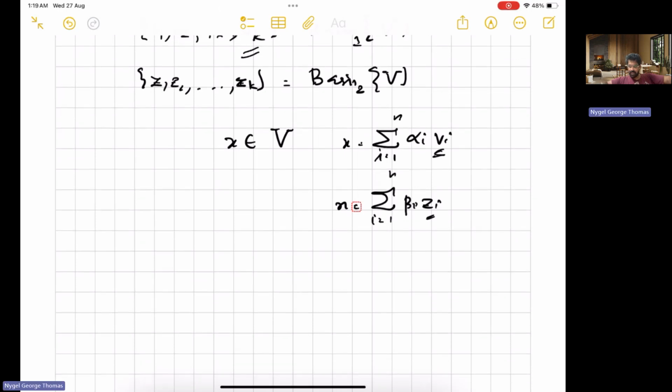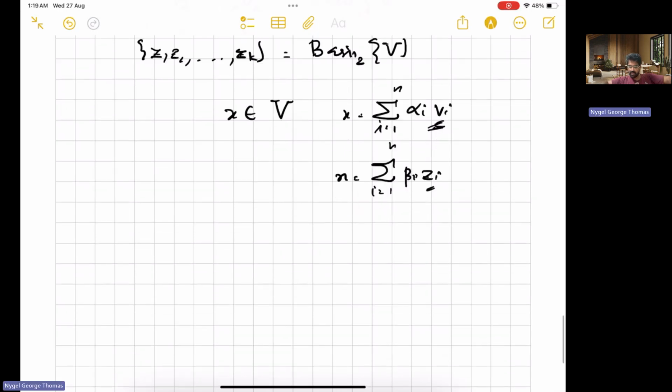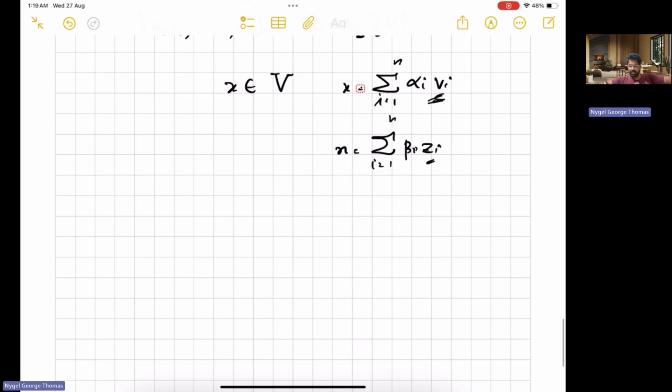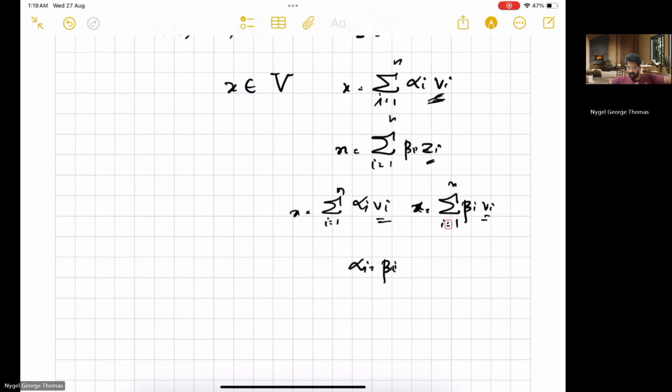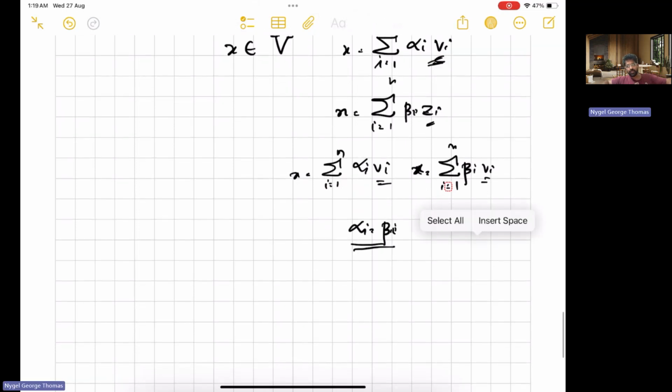But if you fix this set of v_i's, then x has a unique representation. So x is equal to the sum from i equals 1 to n of alpha_i v_i, and x is equal to another combination, the sum of beta_i v_i, for the same x and for the same basis. Alpha_i should be equal to beta_i. So this would be unique.